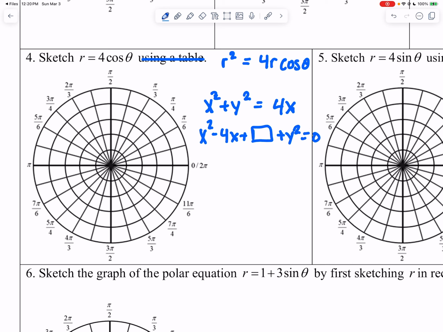Complete the square, I am going to get 4 right here. So now I have x minus 2 squared plus y squared is equal to 4, which means that my center is going to be at 2, 0.